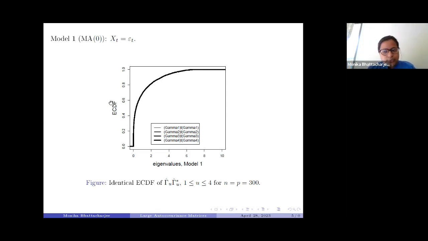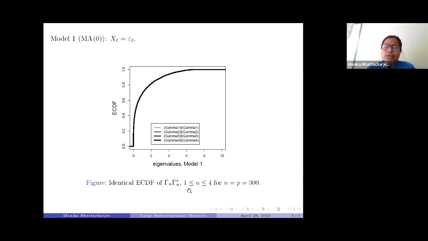In the previous slide we defined the empirical spectral distribution of a random matrix. So we find the empirical spectral distribution of this symmetric product, and since it is a probability distribution, we can find its CDF. So here we plot that.